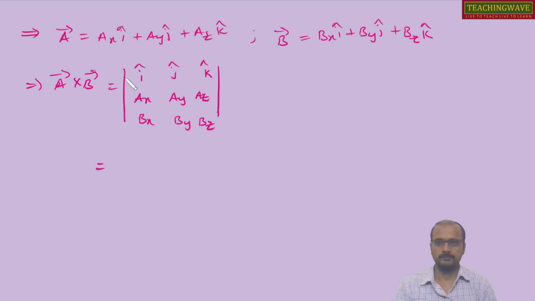Now come to the cofactor. The cofactor of the first row, first column: minus 1 to the power row 1 plus column 1.